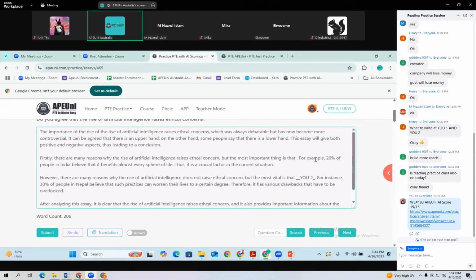Because the question itself represents the negative meaning that the rise of artificial intelligence raises ethical concerns, right? Oh, you mean the first one? I was thinking the however one. No, the first one, because it says it raises ethical concerns, meaning what? There might be some disadvantages of artificial intelligence, right?